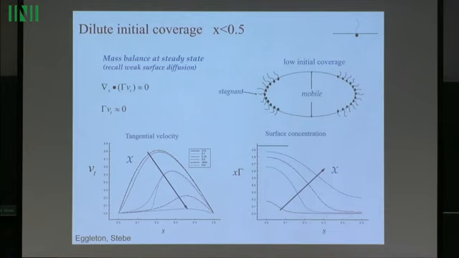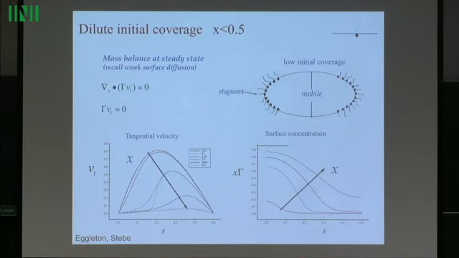So again, this is the equator, that's the pole. We see that we have regions of mobility and regions of strongly reduced mobility, and that this grows as we increase the coverage to cover the drops. Let me do that again. Here's the clean interface. Small amounts start to decrease the mobility, and then at higher coverage completely quench the mobility, except for the small amount that's allowed, because this is actually not quite zero.